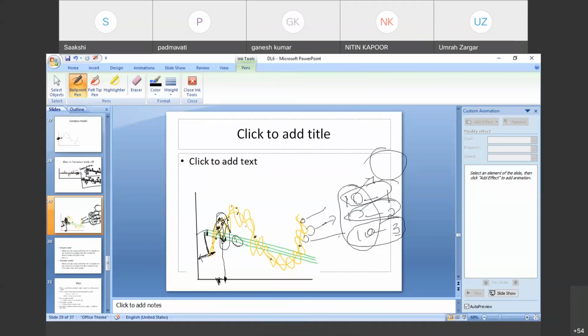Similarly for this data item, this graph is generating this value, whereas this particular graph is generating this. Correct? That means it is generating different predictions for the given sample.